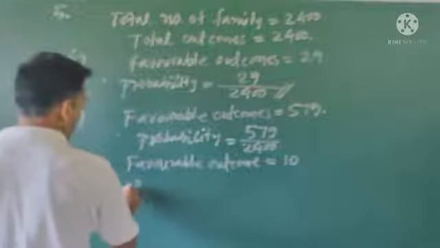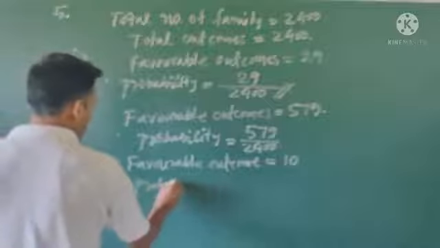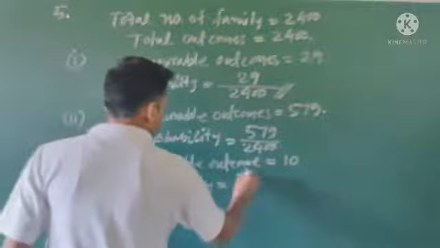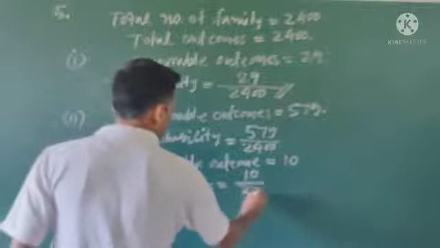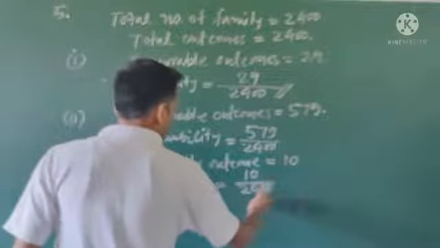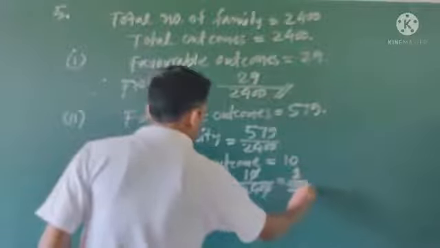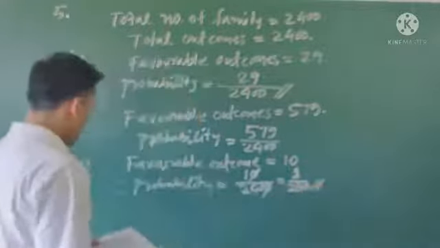Therefore probability is favorable outcome divided by total outcomes. The zeros cancel, so probability is 1 by 240.